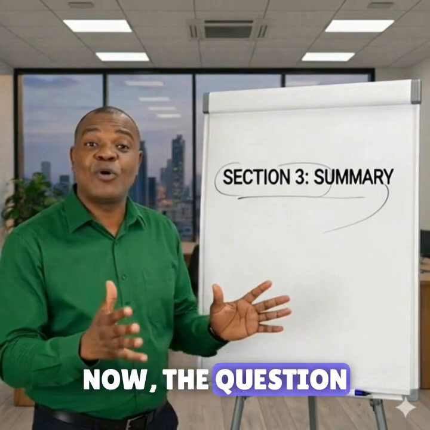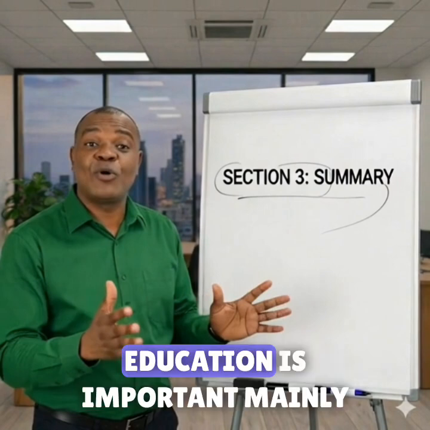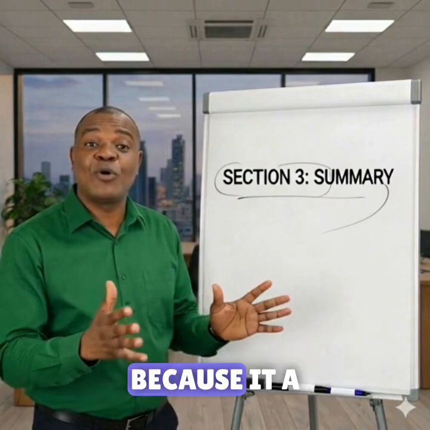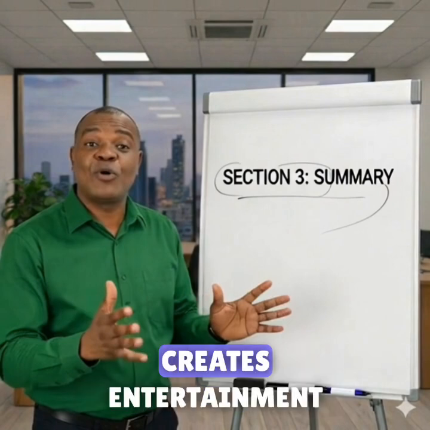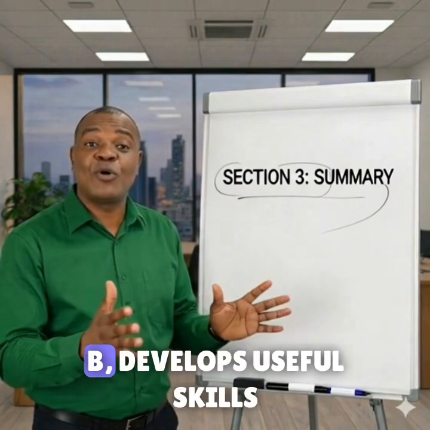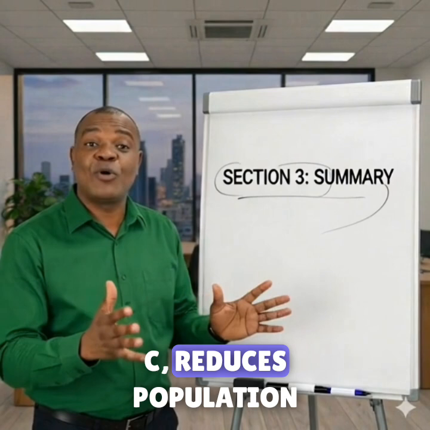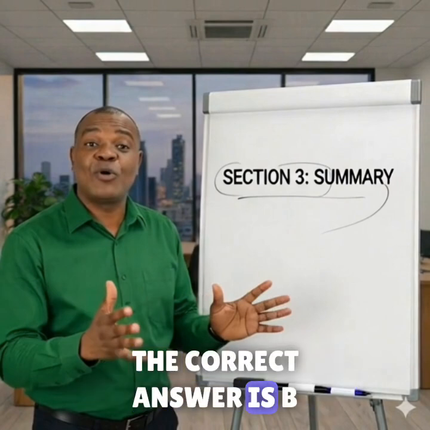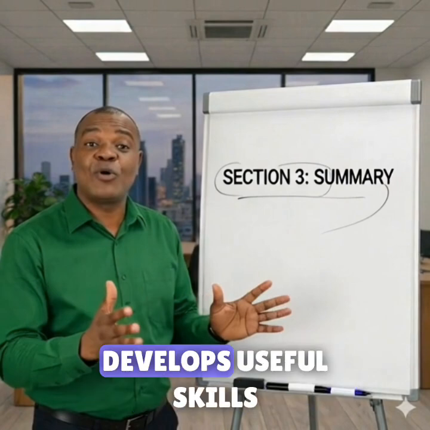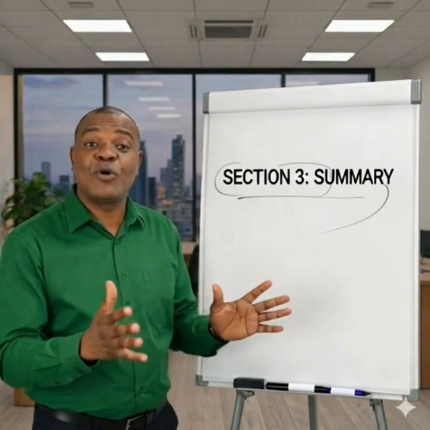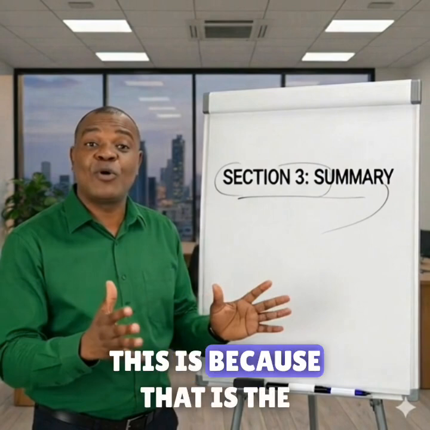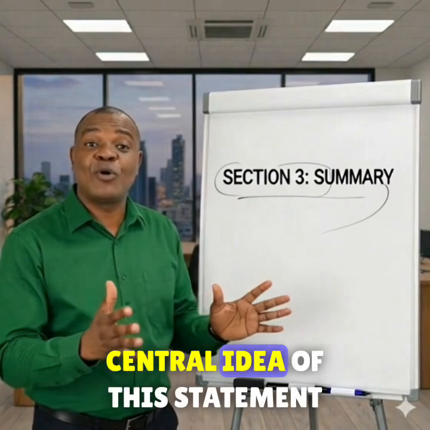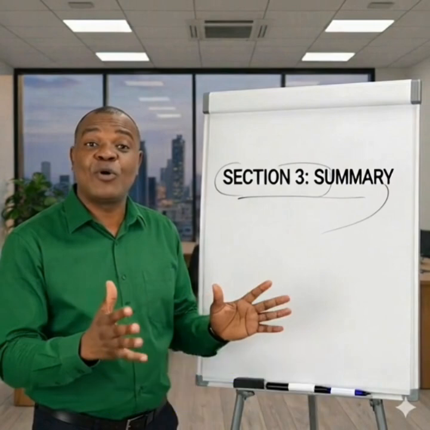Now the question: education is important mainly because it: A, creates entertainment; B, develops useful skills; C, reduces population; and D, increases government power. The correct answer is B, develops useful skills. This is because that is the central idea of the statement.